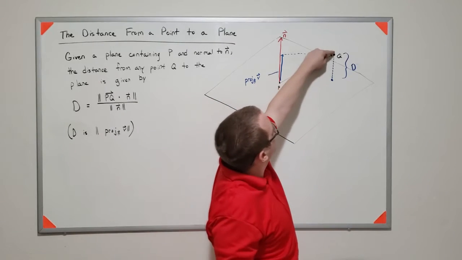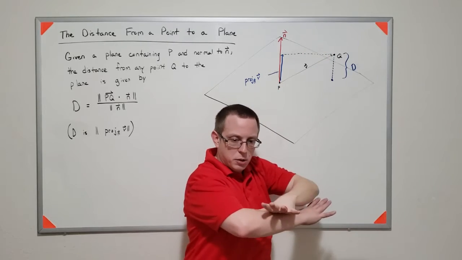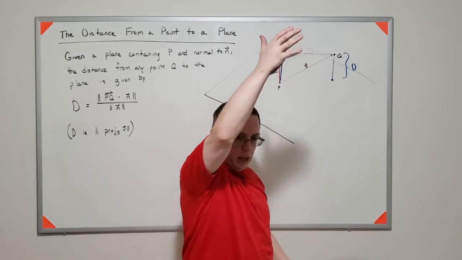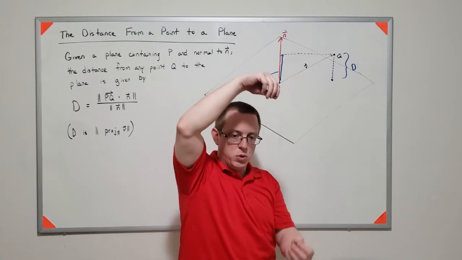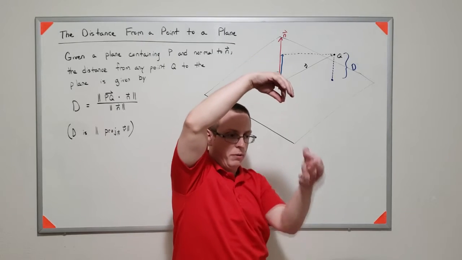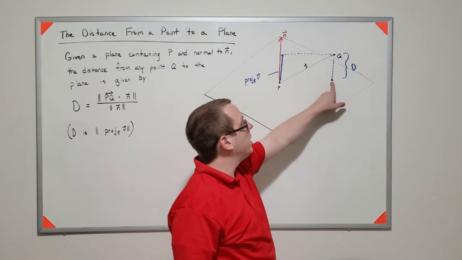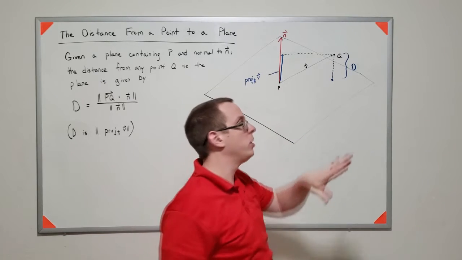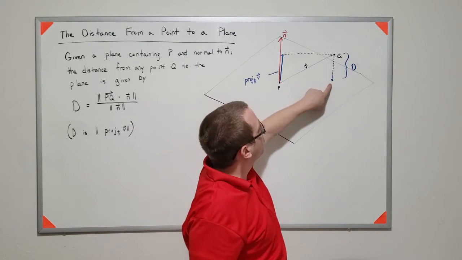If I have some sort of point Q, since planes extend forever, I can think of it like a string: I could just drop it from Q, and it would land somewhere in the plane. Assuming it was all gravity, whatever, it doesn't matter. But it would land somewhere in the plane.